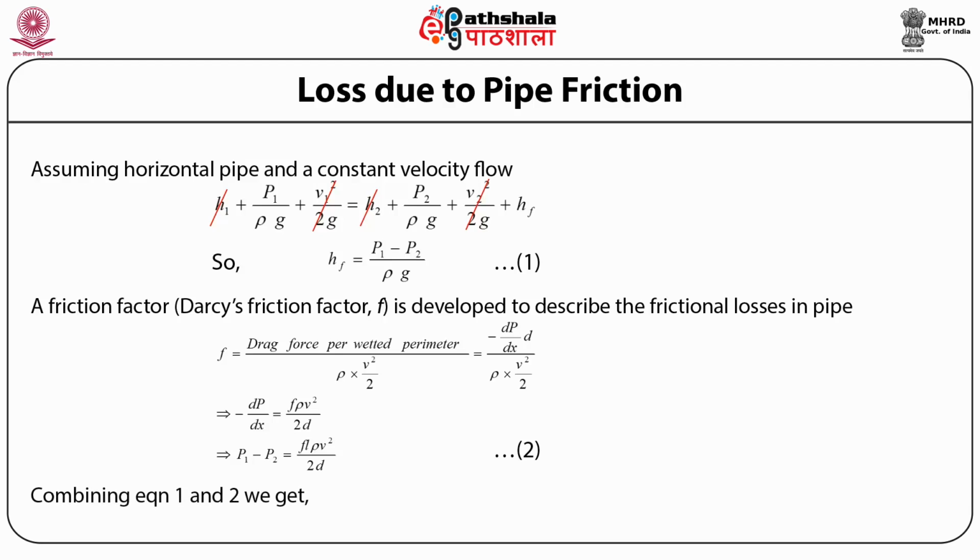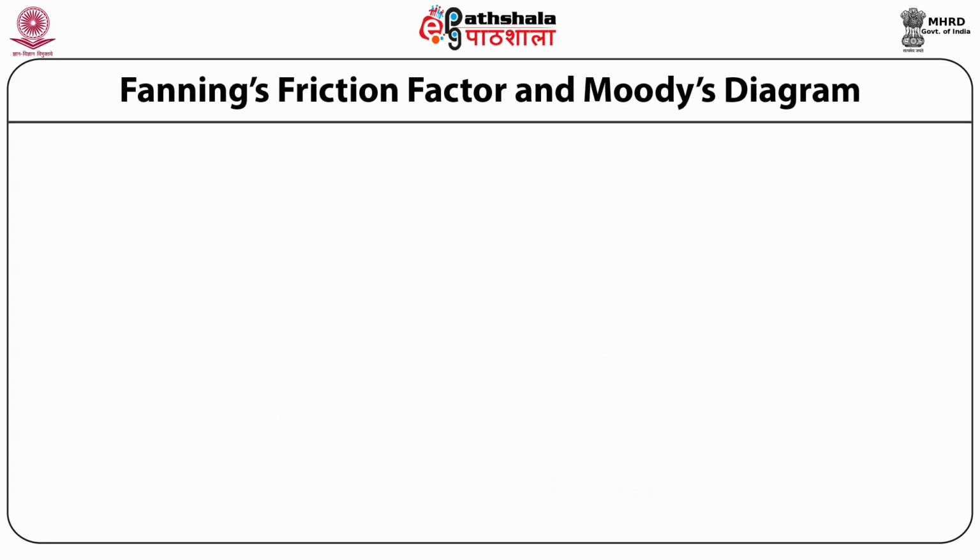So combining equation 1 and 2, we obtain Hf is equal to f into L by D into V square by 2g. This equation is popularly known as Darcy-Weisbach equation of friction loss through pipe. Let us discuss the Fanning's friction factor and Moody's diagram.